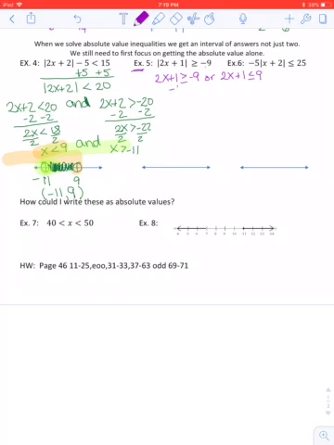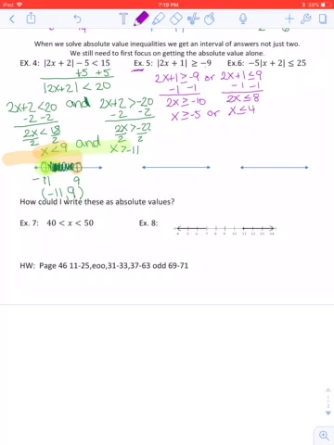And we solve these. 2x is greater than or equal to negative 10. x is greater than or equal to negative 5, or 2x is less than or equal to 8, so x is less than or equal to 4.